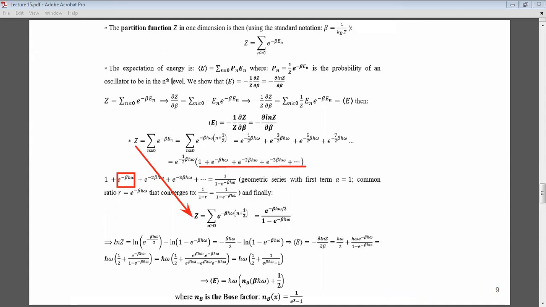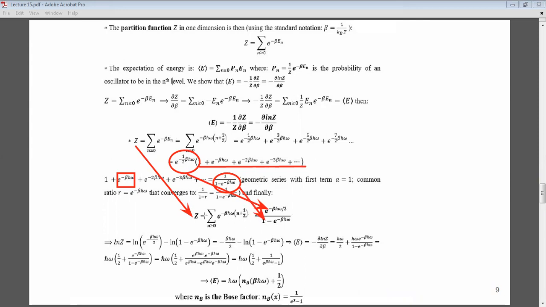Now we know that it is equal to e to the minus half beta h bar omega divided by 1 minus e to the minus beta h bar omega, because this underlined term is nothing but 1 over 1 minus e to the minus beta h bar omega. So this term is here and this term is this term.